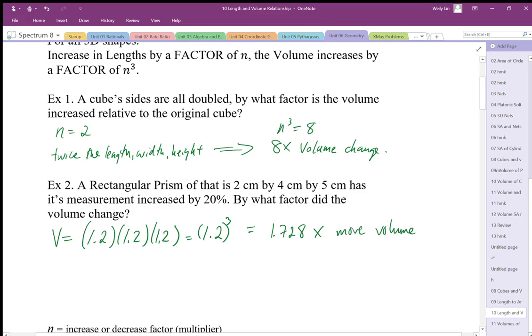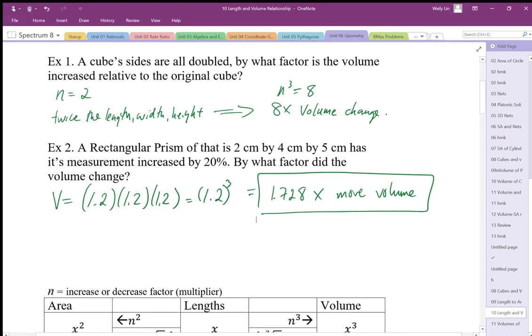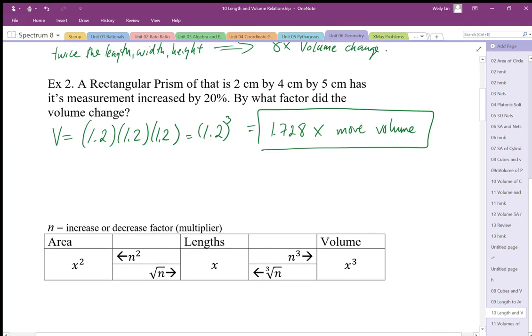Okay, so that length to volume relationship is whatever the length multiplier is, we need to apply that 3 times, or we take that factor n and cube it. So there's my relationship. It looks like this. If I take a length factor of n and cube the factor, I'm going to end up with n cubed more volume.